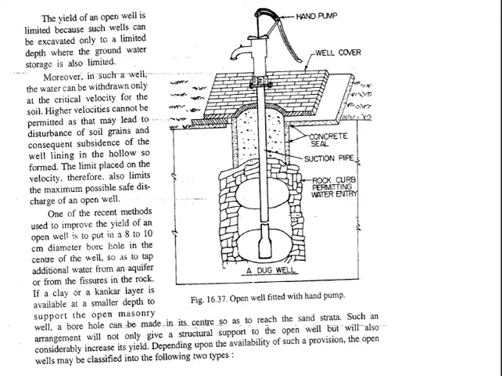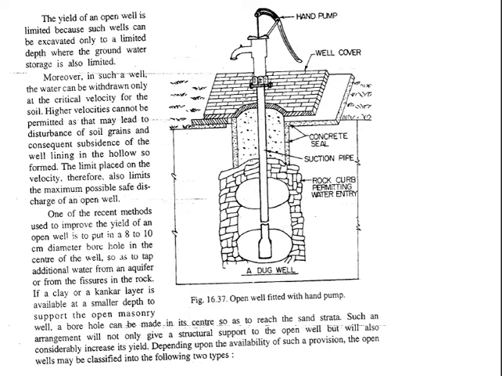Now let us go through one diagram to understand this quickly. This is a case of one type of hand pump that has been constructed in a dug well. We had a simple dug well and we just put a hand pump over it, which helps in taking out water from the dug well.